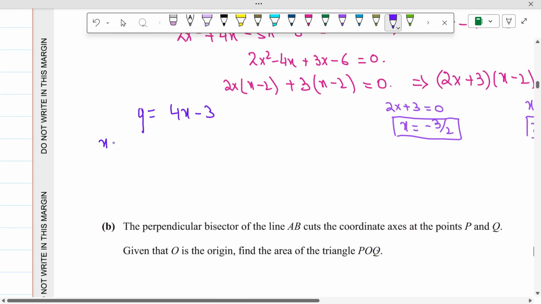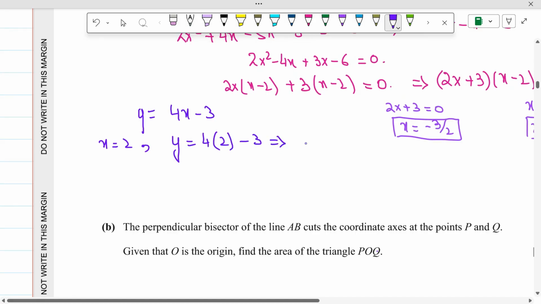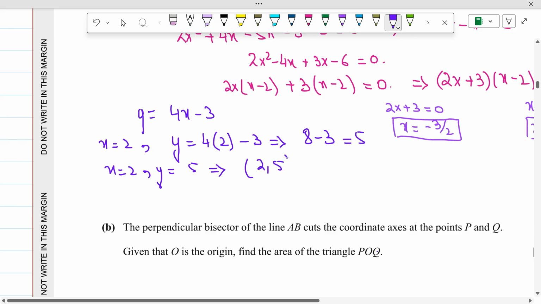When we plug in x equal to 2, we have y equals 4 times 2 minus 3, which equals 8 minus 3, which is 5. So x is equal to 2 and y is equal to 5. So the point of intersection is 2 comma 5.